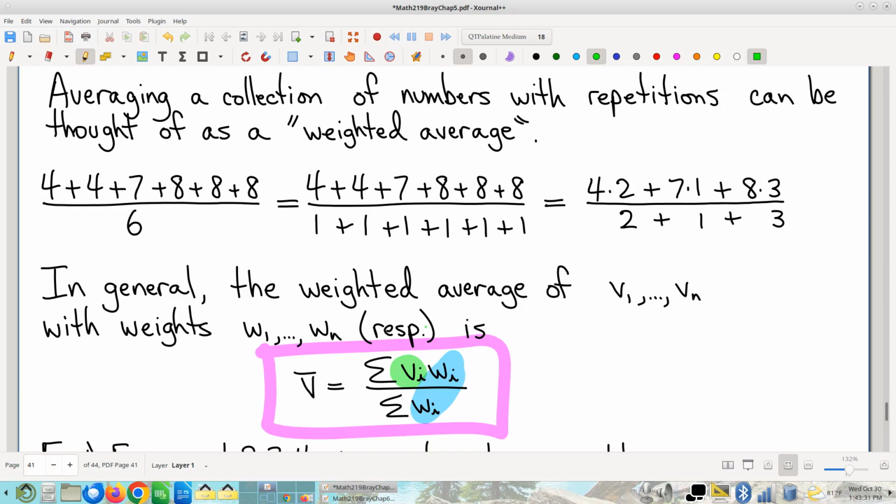These w's indicate how many times I've counted them in the average, and these don't even have to be integers anymore because I've written it in algebra. So this is called a weighted average. If you are averaging the numbers in green, but you want some to count more than others according to certain weights in blue, that's the formula that does it, and it gives us what we call the weighted average.